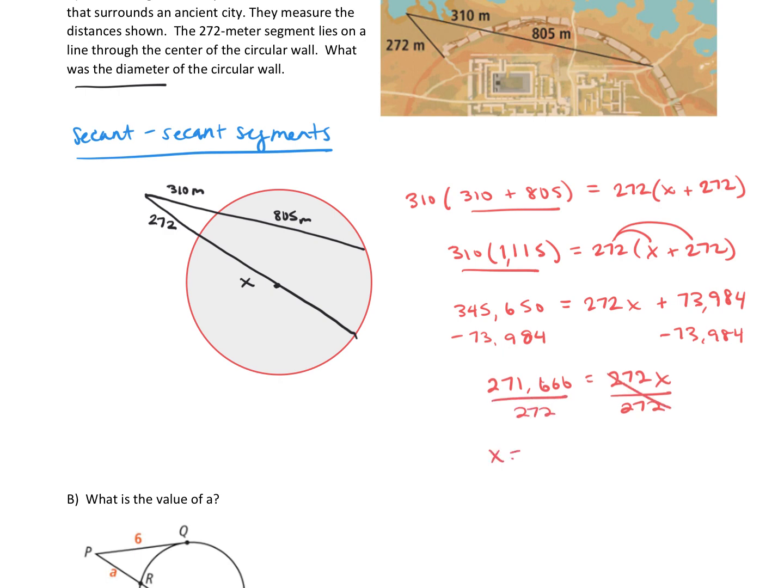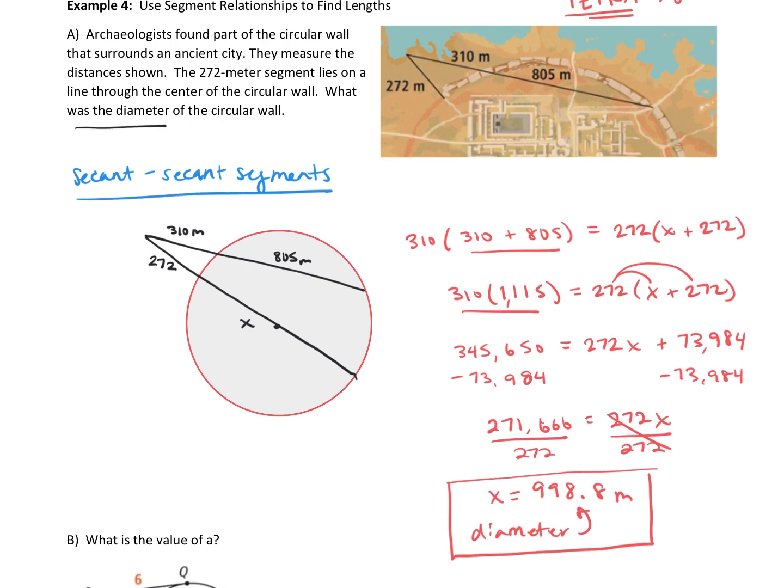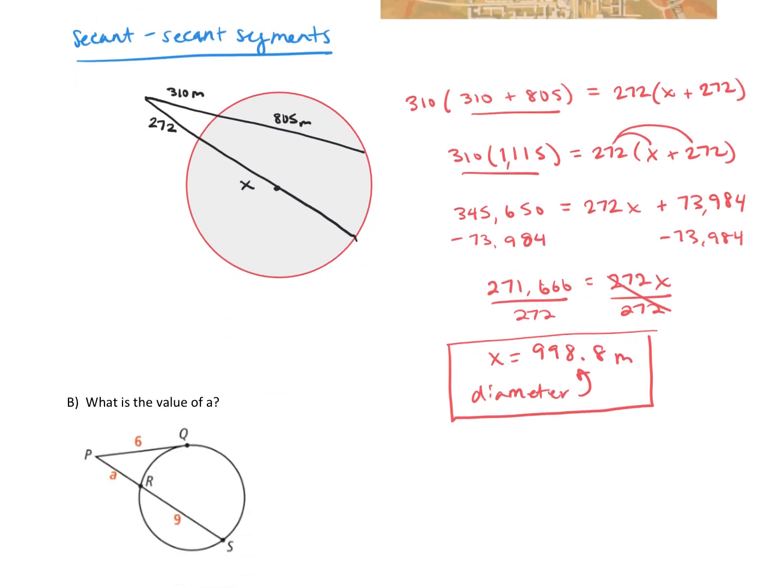And x equals 998.8, so we'll round to the nearest tenth, meters. And then remember, x represented our diameter, and that's what they were asking us to find. So the diameter is 998.8 meters. And we were using the secant segments theorem.